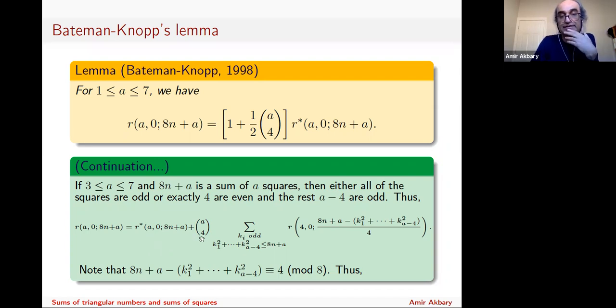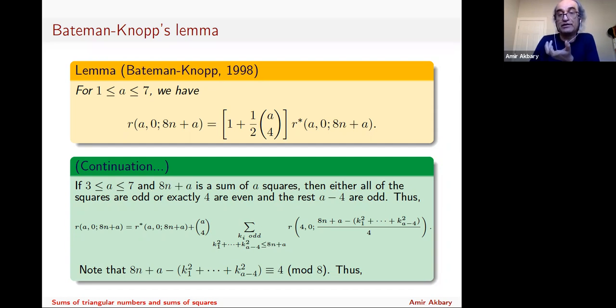There are a places there, and I can choose 4 of them as the even ones. For the rest, I have a minus 4 odd ones, so let's call them k_i. So you get k1 squared plus up to k_{a-4} squared less than or equal to 8n plus a. And now I have 4 variables remaining here.